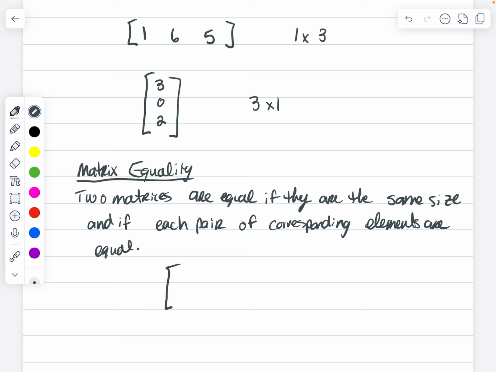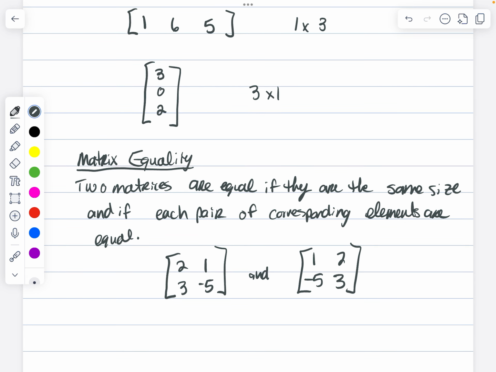So, for example, if I give you 2, 1, 3, -5, and then I give you 1, 2, -5, 3, while they both have the same numbers in them, they're not equal because these elements are not corresponding to one another, meaning the first row, first column of this second matrix is not 2, it's 1. So these are said to not be equal.